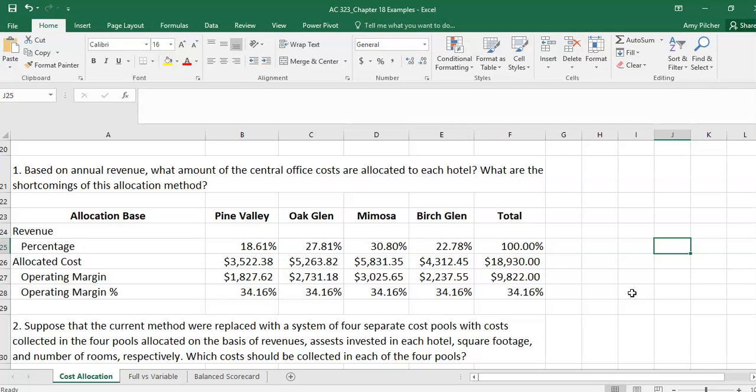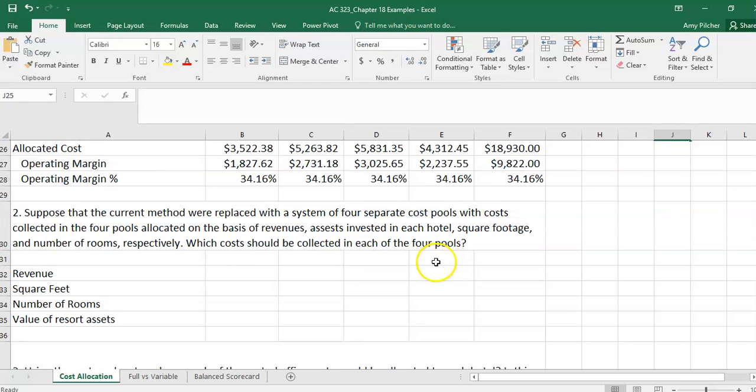We also have the issue of a single allocation base being used, that it doesn't always reflect the actual use of different resources. So in part two, the suggestion is to replace this with a system of 4 separate cost pools with costs allocated in the 4 pools on the basis of revenues, assets invested in each hotel, square footage, and number of rooms.